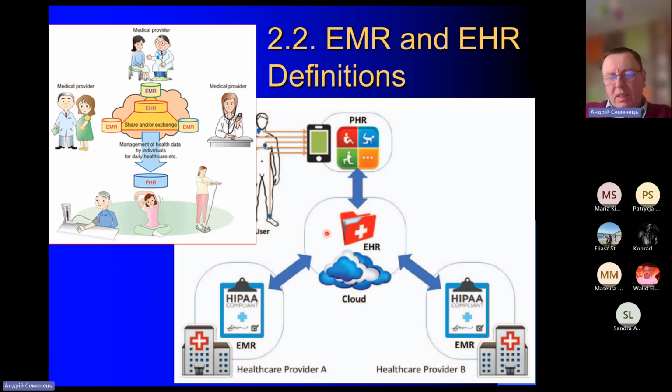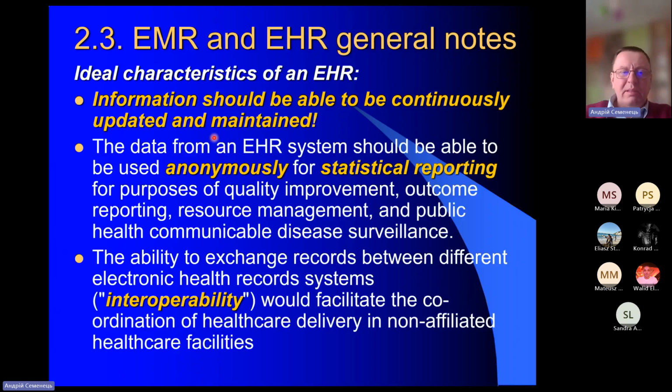And when the patient is given access to a particular part of this information, and that part is accessed, created, or managed by the patient himself, it is called a PHR, or personal medical record. So: EMR, electronic medical records per provider; EHR, integrated records across multiple providers for the same patient; and personally managed PHR.